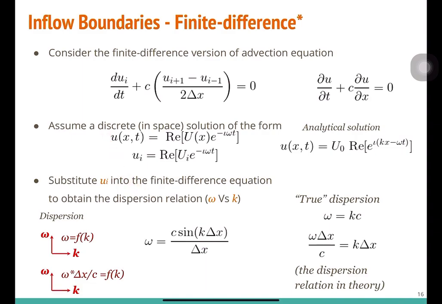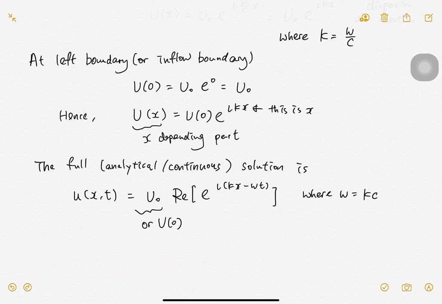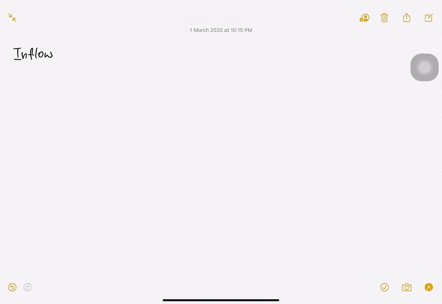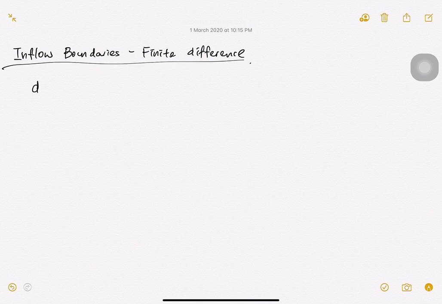Okay, so how do we do that? If you can do it on your own, you don't need to see my calculations here. Finite difference. This is the discrete version, only discrete in space, because if we make it discrete in time, then we will not find the dispersion relation.